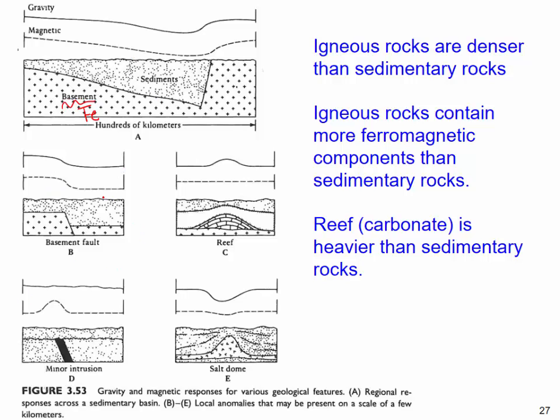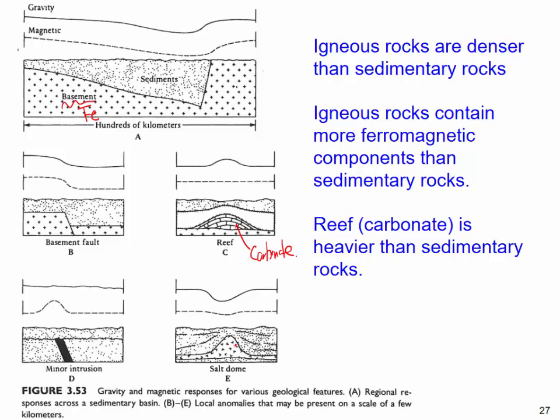And this shows the same thing. And if you have a reef, which is carbonate, then the magnetic survey doesn't show any difference, but because it's heavier than the other sediment, you have a positive anomaly in the gravity survey. The salt dome is made of sodium chloride, right?